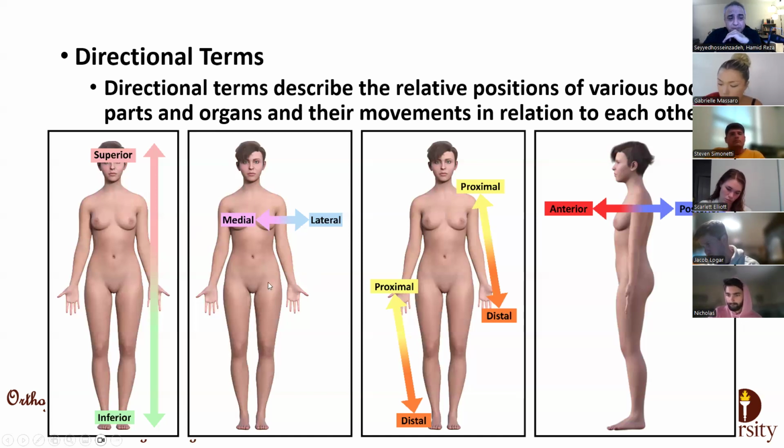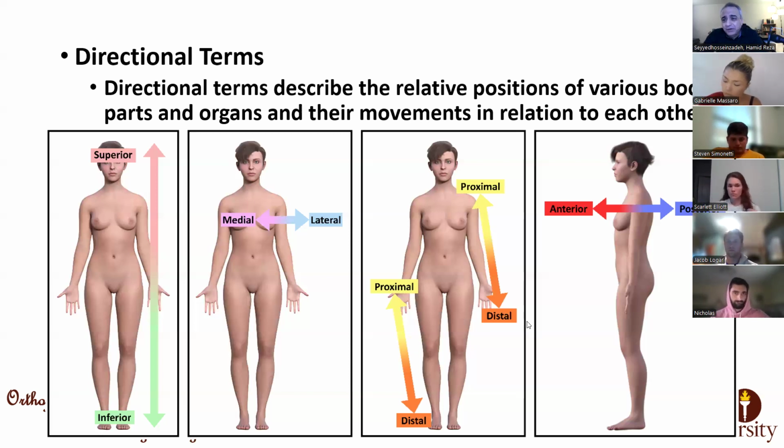We use these words too much in surgery. When we are talking about the location of things, we use this word. So you must be familiar. Medial, lateral, superior, inferior, anterior, posterior.